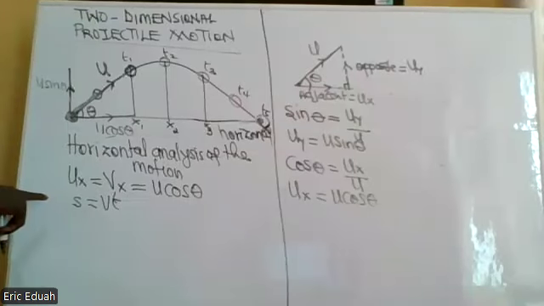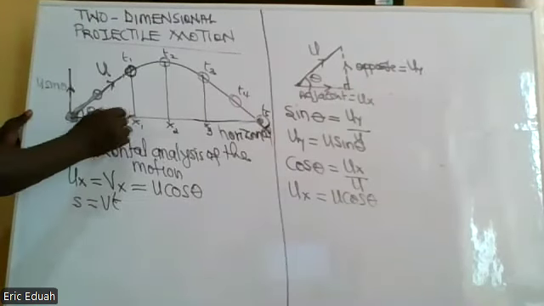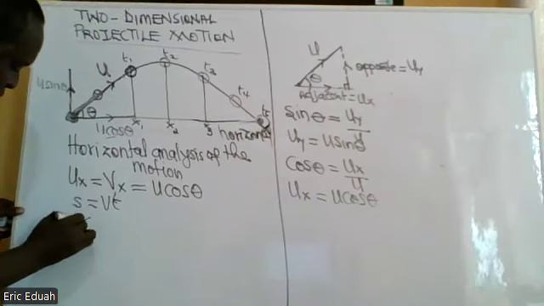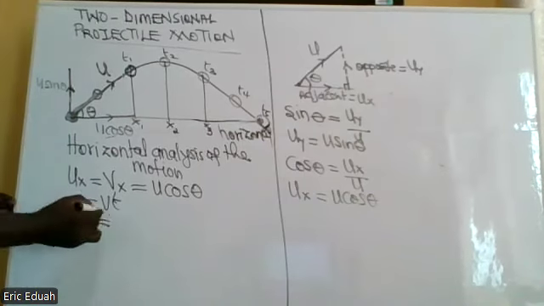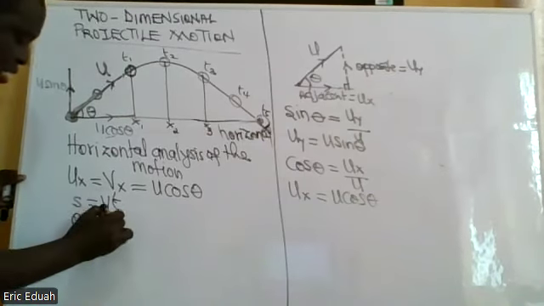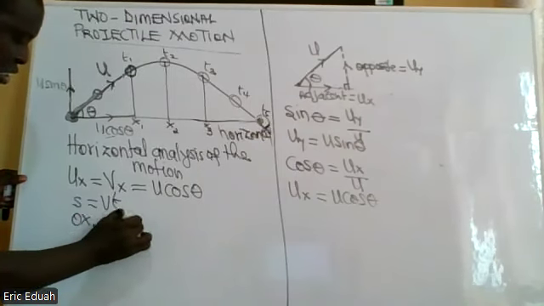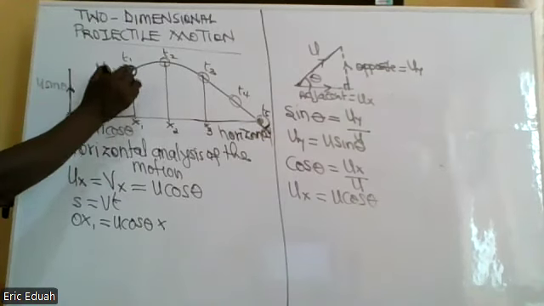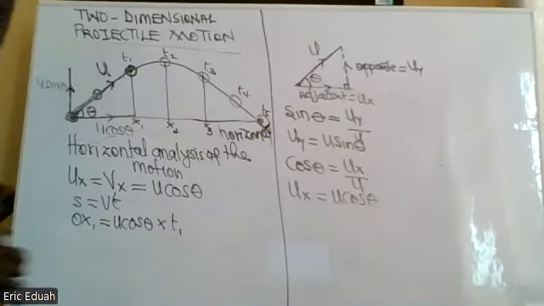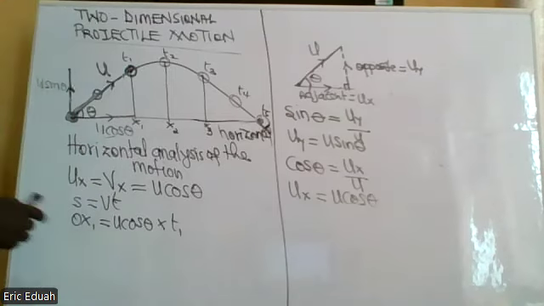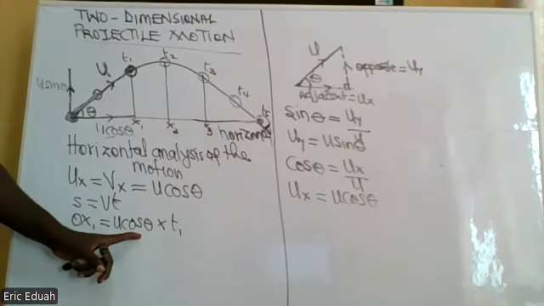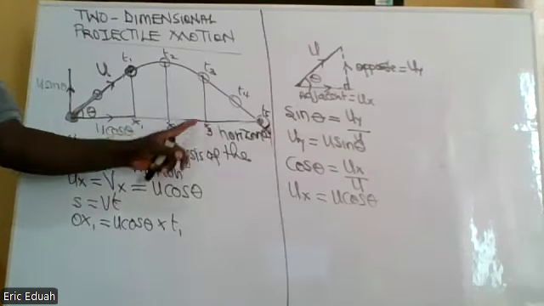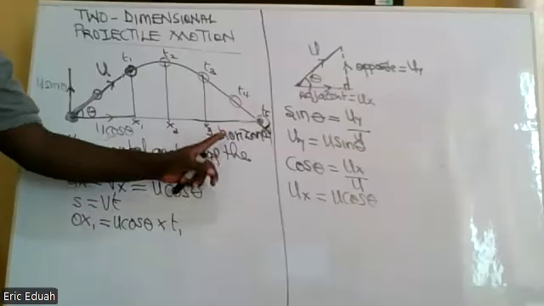So just as we saw yesterday, OX1 is equal to the constant horizontal velocity u cos theta times the time taken to come to this point, and that is t1. If I want OX2, the same method, the constant horizontal velocity times t2, then t3, t4.